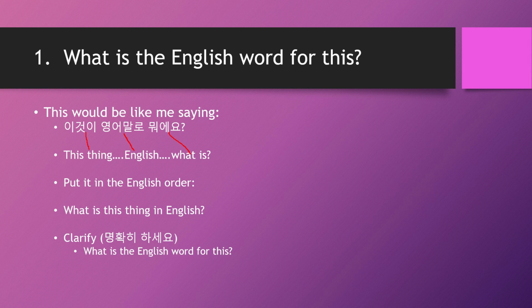What is the English word for this is going to be a little bit more clear for native speakers, or people in America. When it comes to understanding foreigners, Americans aren't the most intuitive because we're a very big country and we're not that used to interacting with that many foreigners the way Koreans are.